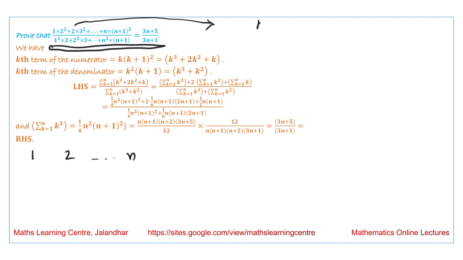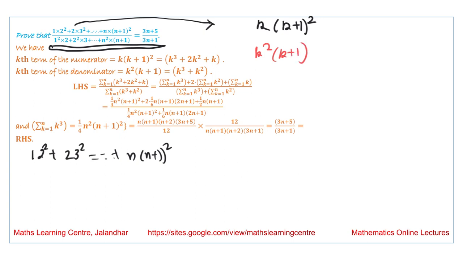So it is k, multiplied with 2 square, then 3 square, so on up to n plus 1 square. So k plus 1 square is being multiplied. This is the general term for the numerator, and for the denominator the general term is k square into k plus 1.